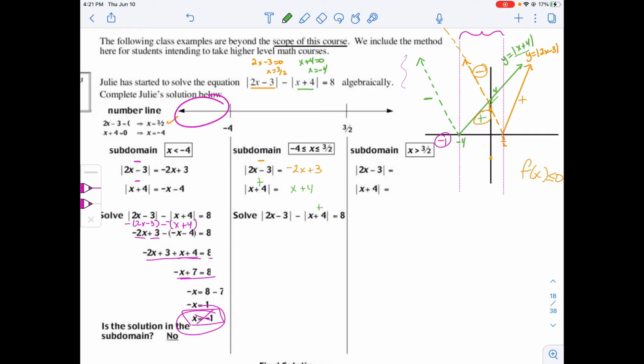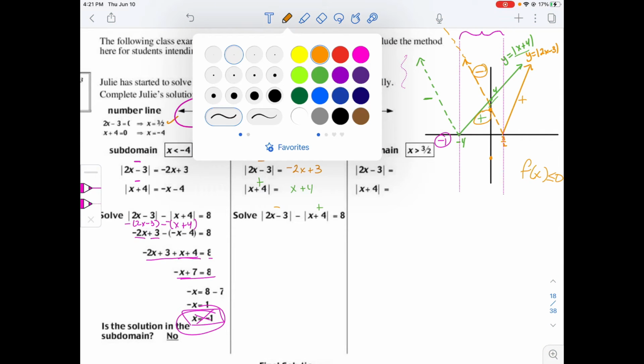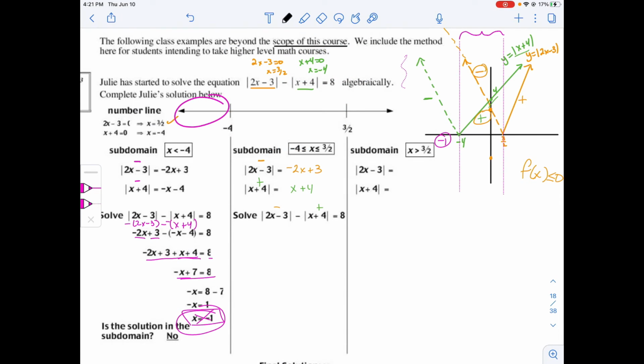We just have to be cautious when we go down below here because we still have to distribute that negative sign. So that can always be tricky. So we end up with a negative 2x plus 3 minus x plus 4 equals 8. So the negative 2x plus 3, it's a minus the positive x plus 4. So negative 2x plus 3 minus x minus 4 equals 8 when we distribute that negative sign.